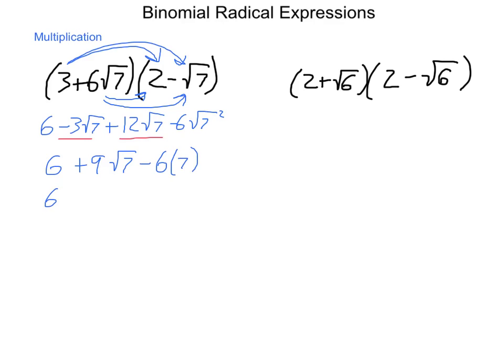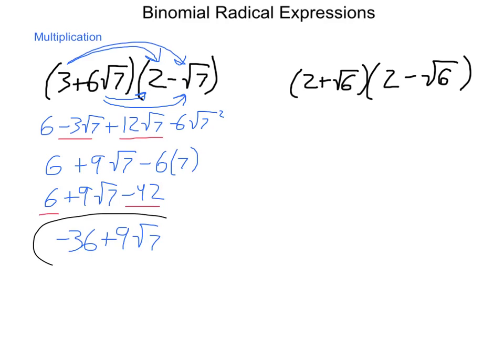So I have 6 plus 9 root 7 minus 42. Combining my like terms, 6 minus 42 will give me a negative 36 plus 9 root 7. This answer is equivalent to the original, just has gone through the process of simplification.